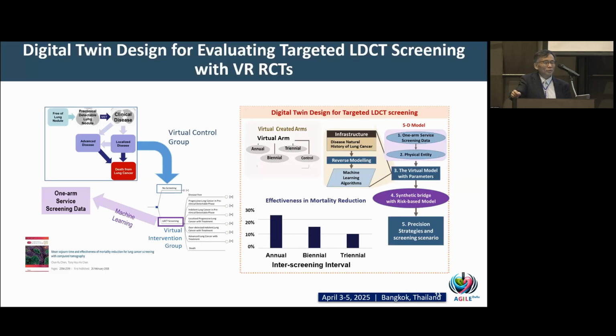So the digital twin is one of the approaches we need to think about, to convince the shared decision makers of getting the result as quick as possible and as accurate as the randomized control trial by using the virtual cohort. Then we have to encourage the young generation to do that.